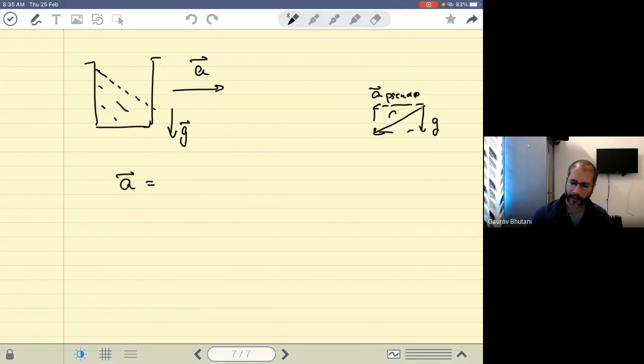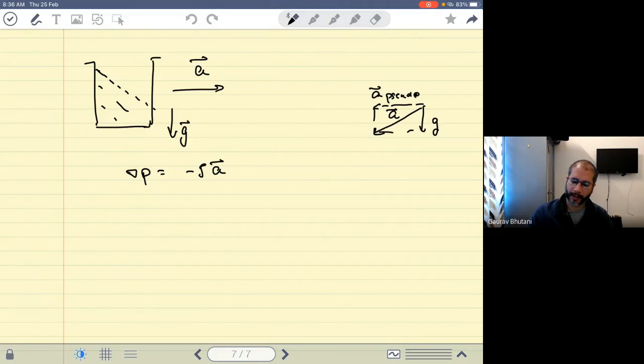So this is my net acceleration. The relation still is valid. So we have grad P is minus rho, instead of g we put an A here, because to calculate the net force, it's the vector sum of the forces because of the pseudo force and the gravity. So this is what we get.